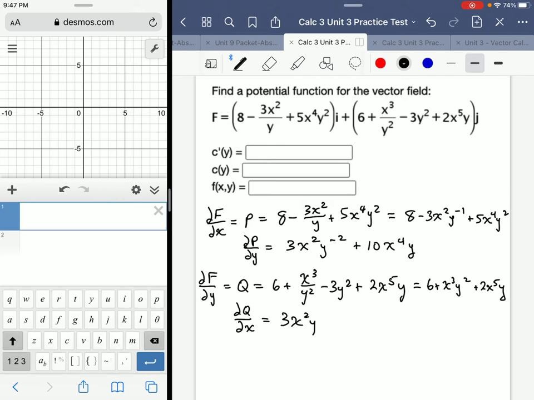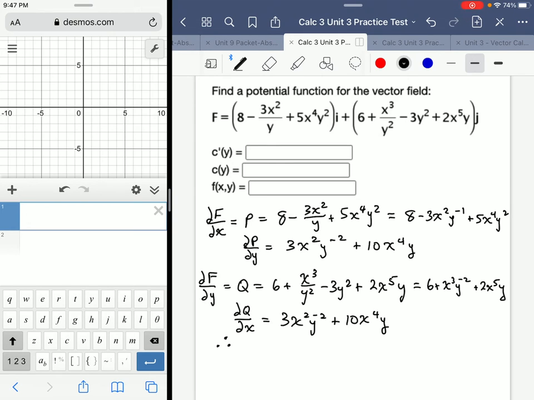We're looking at 3x squared y squared plus 10x to the 4th y. Oh, sorry. There should have been a negative second. The only reason I picked up on that mistake was because we knew that if it was going to be conservative, then the first order partials of P and Q would have needed to be equivalent to one another, and they are.